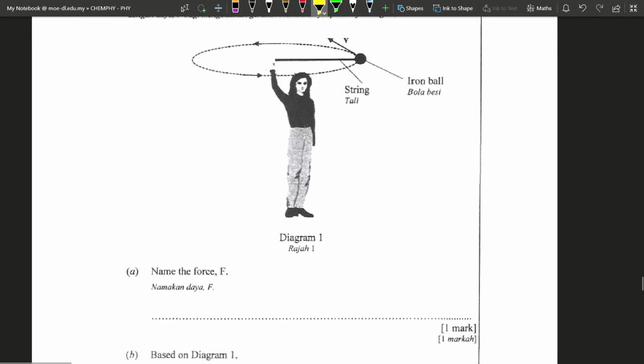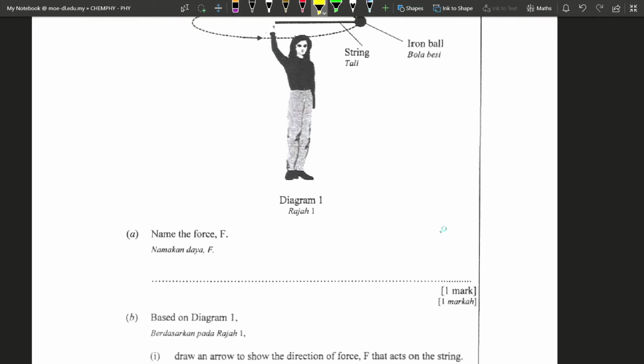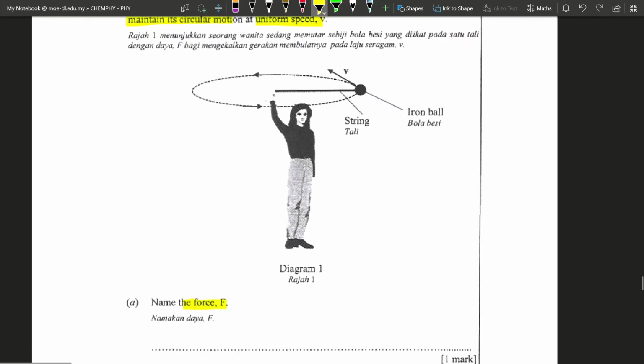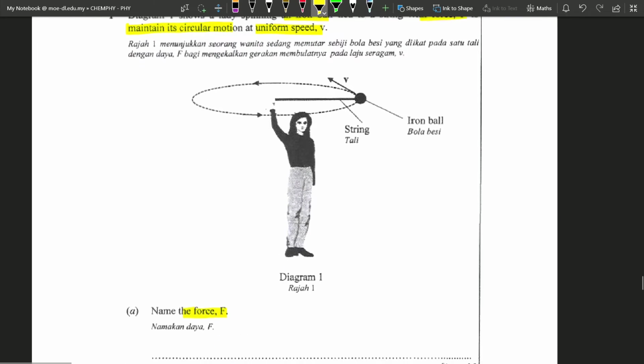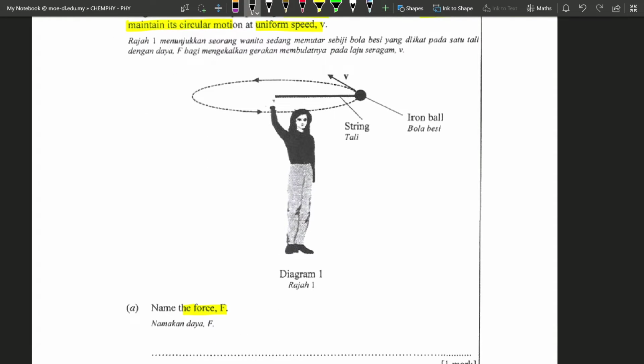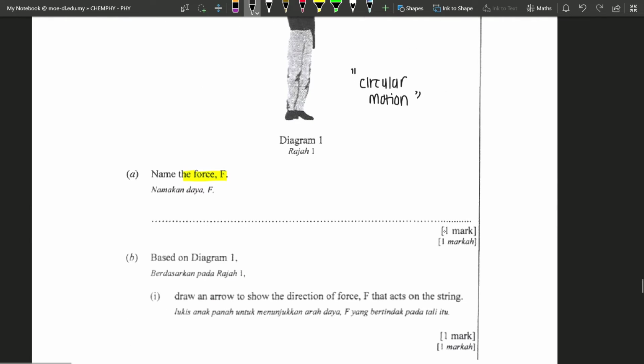So soalan A, namakan daya F. Name the force F. So F, daya yang terlibat apabila ada satu objek yang bergerak dalam keadaan membulat. Circular motion. Daya yang terlibat adalah daya memusat. Centripetal force.